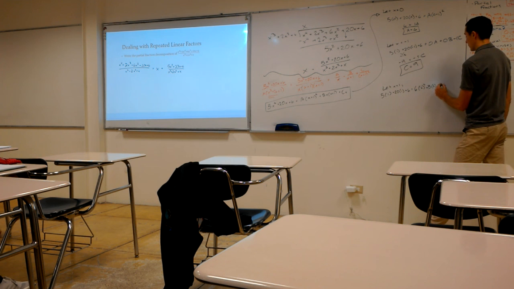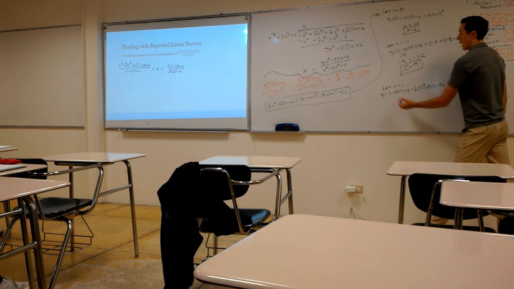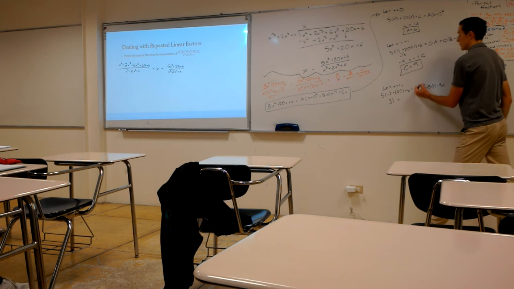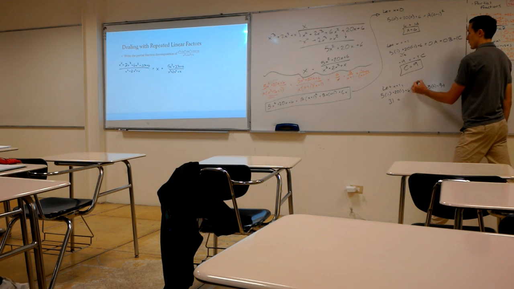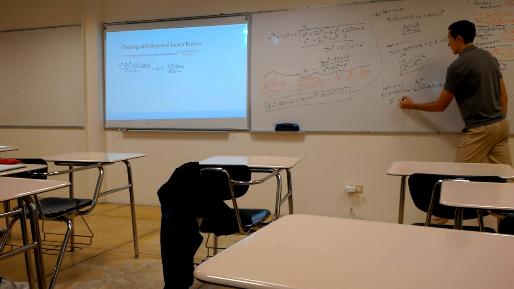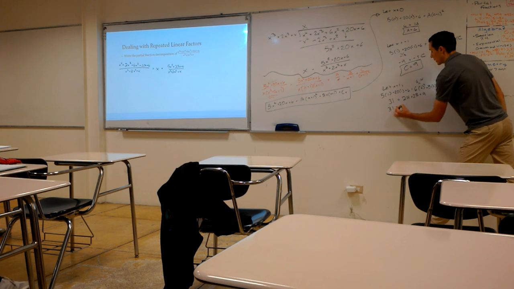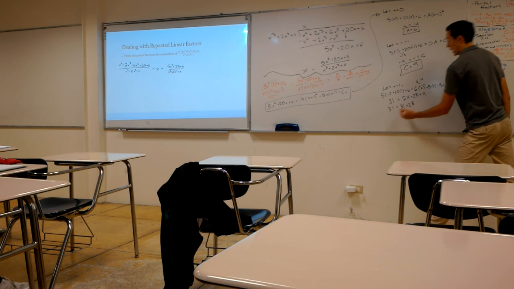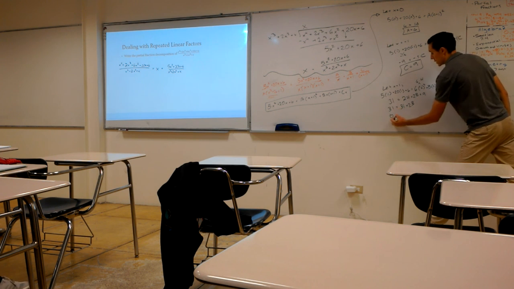So that's 25 plus 6 is 31, equals 4 times 6, 24, plus 2B, plus 9, giving me 31 equals 33 plus 2B. Minus that, 0 equals 2B, so B equals 0.